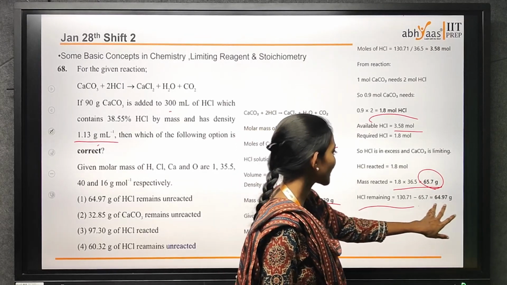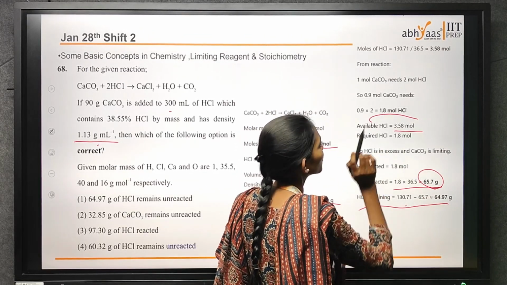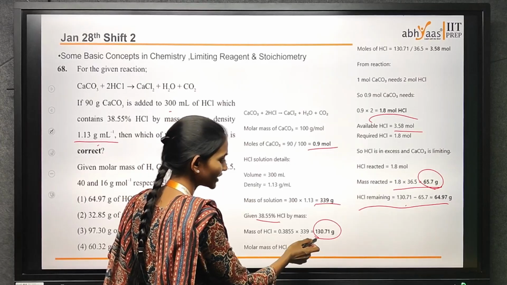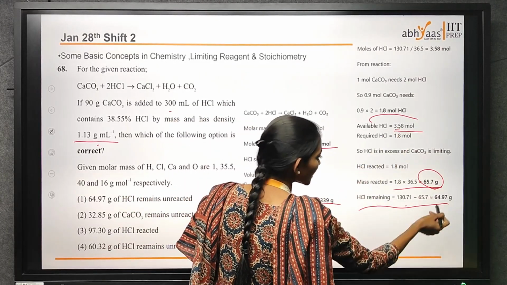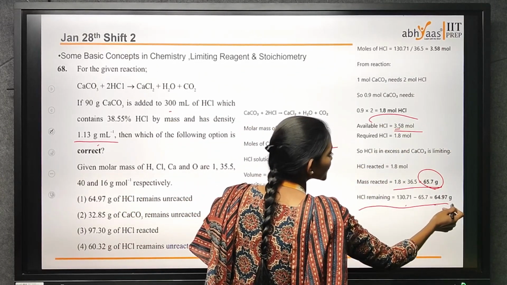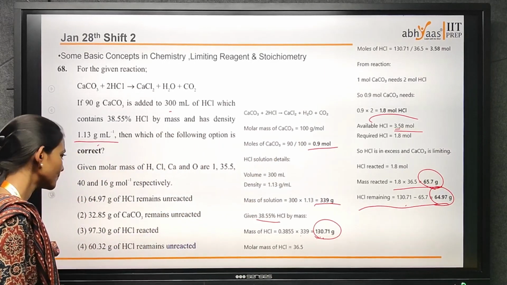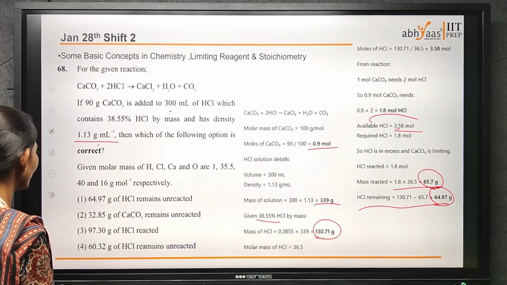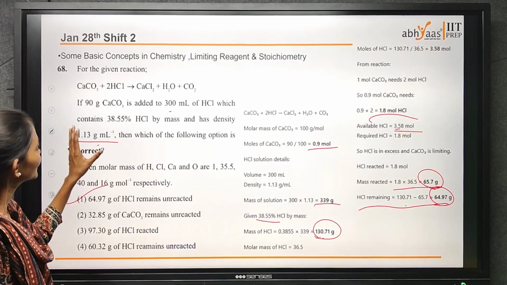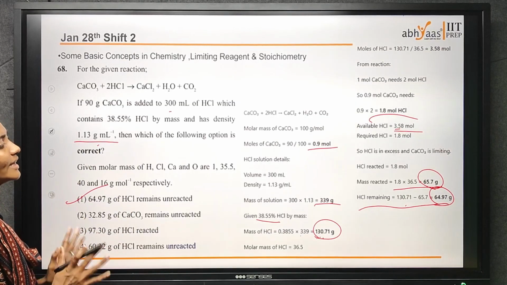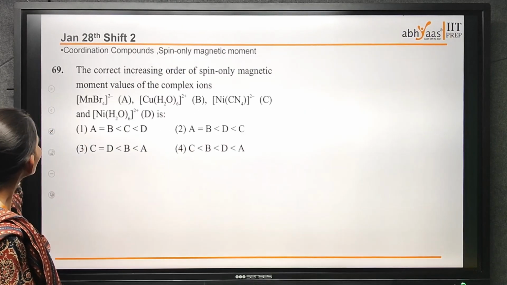So HCl remaining is 130.7 minus this, which gives 64.97 grams. So the answer is the first option. This is a time-taking and lengthy question. Moving on to the next question.